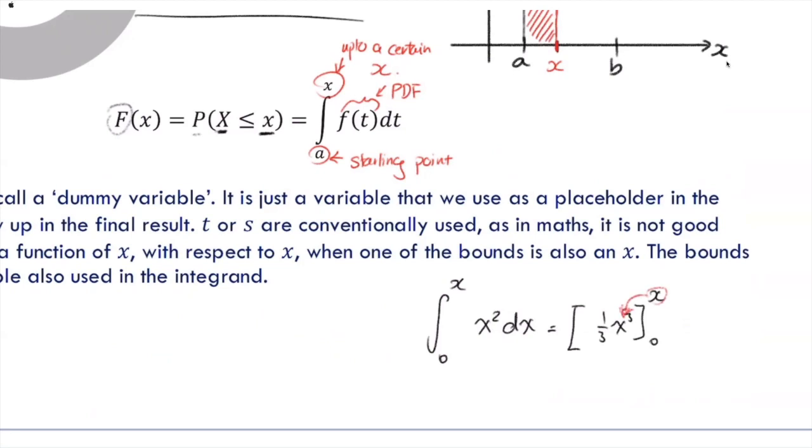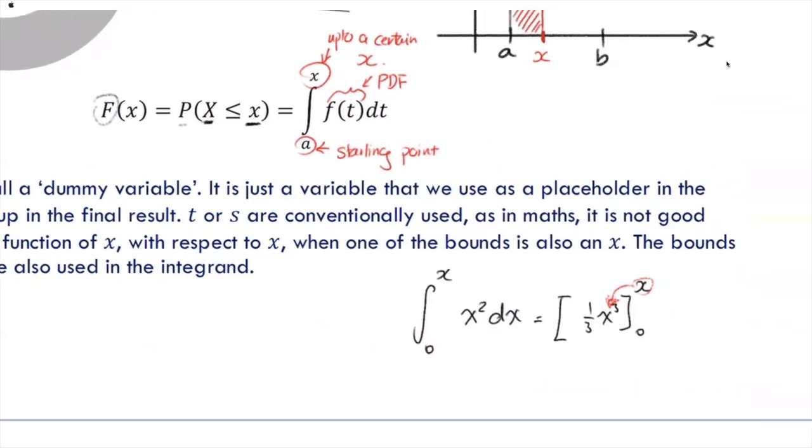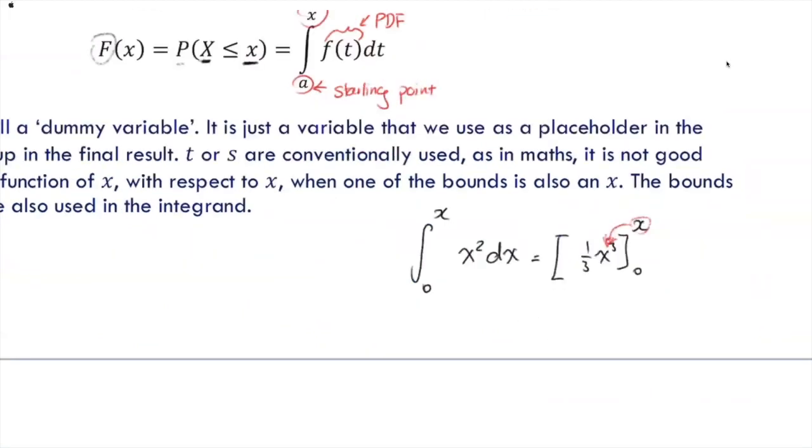I'm never really supposed to sub the same variable into itself. Let's actually sub it in, even though it's going to be dodgy. x into x is just going to be x cubed. So 1/3 of x cubed minus 1/3 of 0 cubed, and it ends up being 1/3 of x cubed.